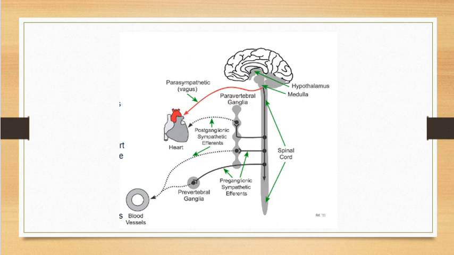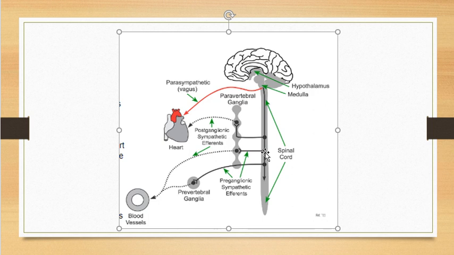So in this picture we can easily see the division of these pre and postganglionic neurons. You can see that these are the cell bodies present inside the spinal cord, and the neurons coming out of these cell bodies out of the spinal cord innervate some of the ganglia present outside the CNS.